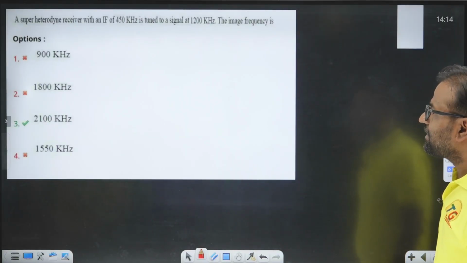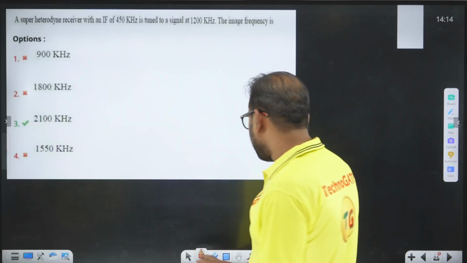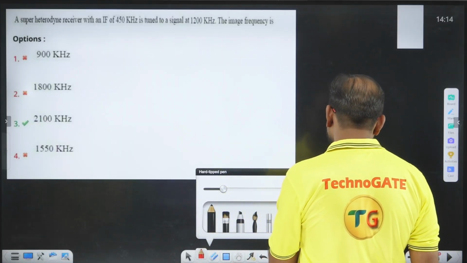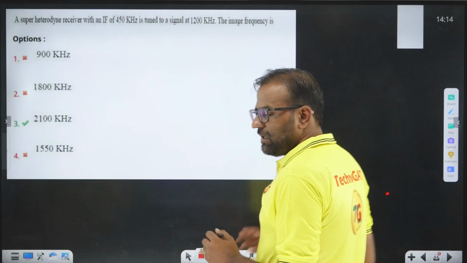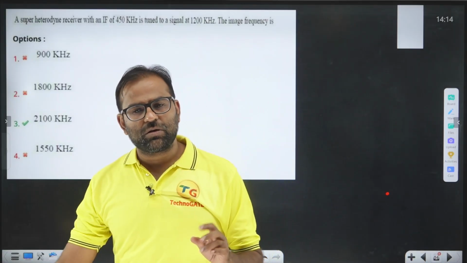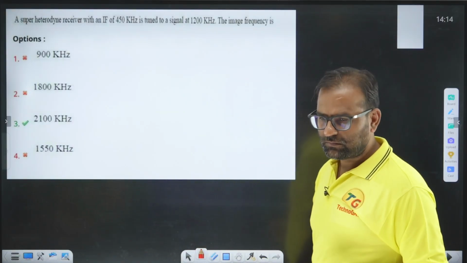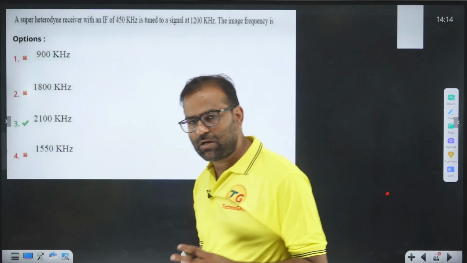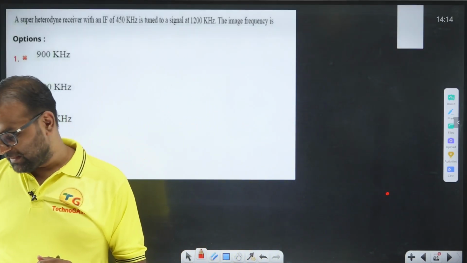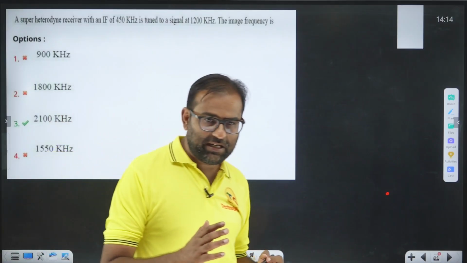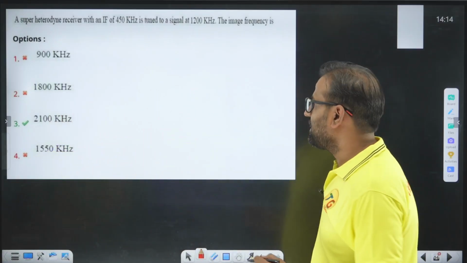Next question is on a superheterodyne receiver. A superheterodyne receiver works on every modulation scheme. This is generally a frequency translator, because your components are not compatible with high frequencies, so it translates them to the intermediate frequency.